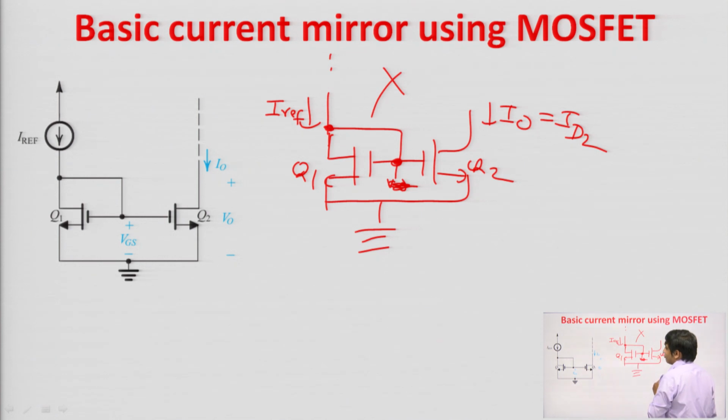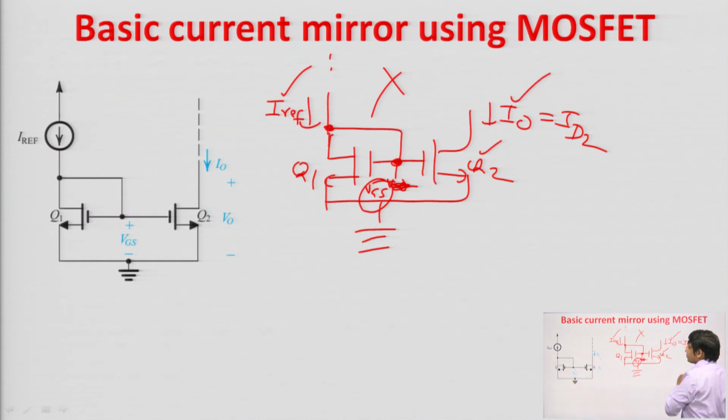Then in this case, if there is a change in input current, there will be a corresponding change in the gate to source voltage of the Q1 transistor. Since the gate to source voltages of Q1 and Q2 are the same, if there is a change in VGS, there will be a change in VGS of Q2 also, of course, and corresponding to this change in VGS of Q2, there will be a change in the output current. So, what is happening here?